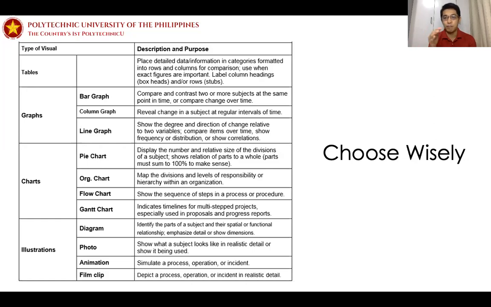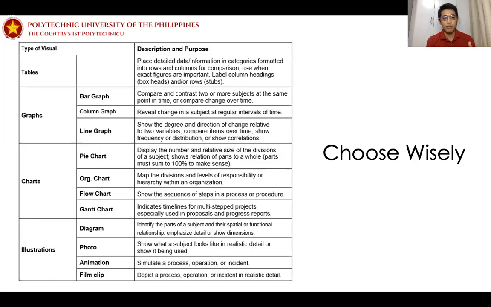Okay, and then the last type is illustrations. Illustrations can be in the form of a diagram, a photo, an animation, or a film clip. Sometimes illustration can also be named as figures. Now, when we say diagram, this refers to the parts of a subject and their spatial or functional relationships, emphasize details, or show dimensions.